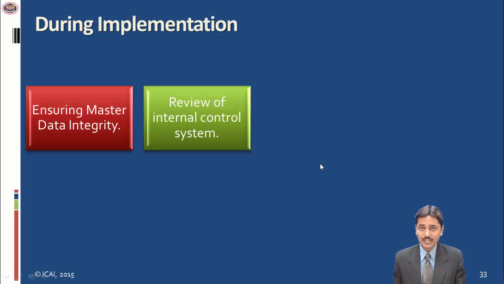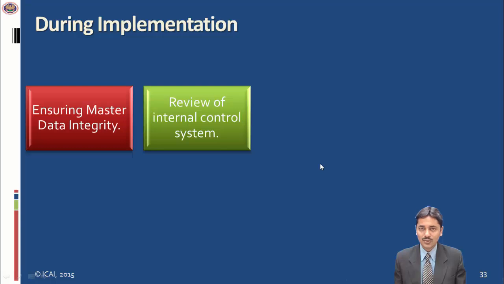Second, during implementation, chartered accountants can play a very important role in review of the internal control system. The system will be implemented by the implementation team, that is the ERP implementation team, but whether this system is capable of handling internal control, what controls must be there in the system, and review of the internal control system can again be a very big area for chartered accountants during implementation.